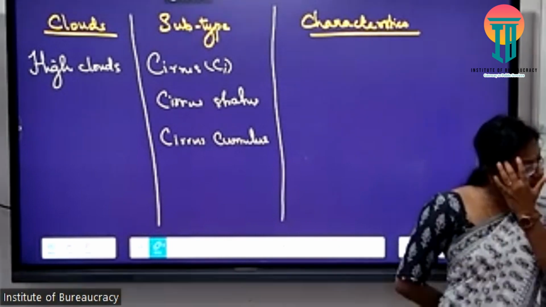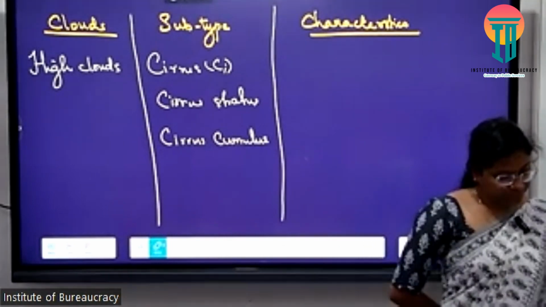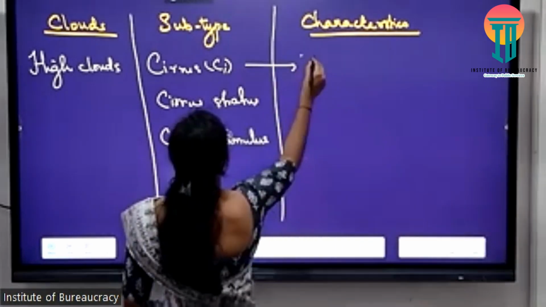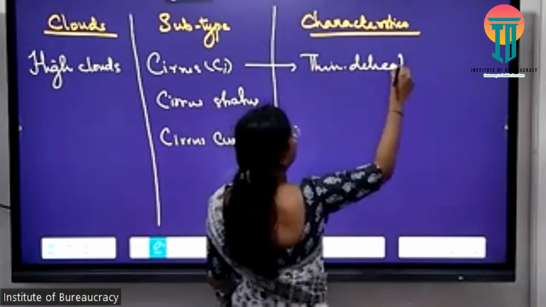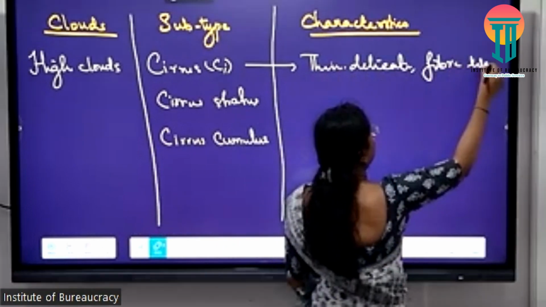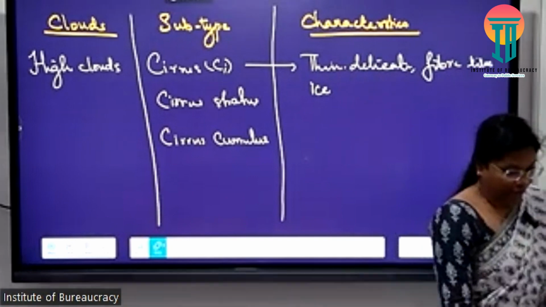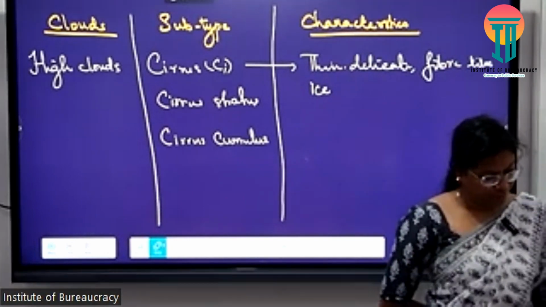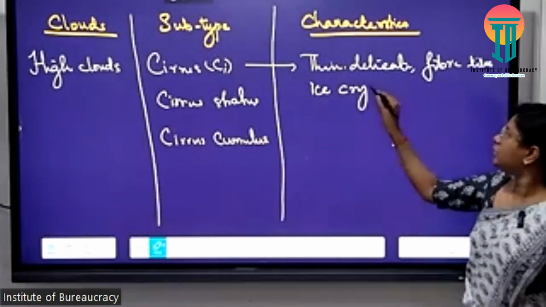Description or the characteristics of this particular cloud type: very thin, delicate, fiber-like ice crystal clouds.